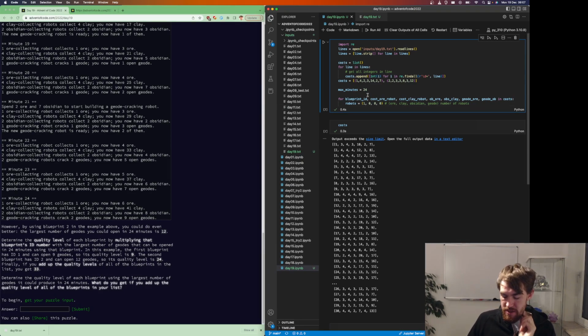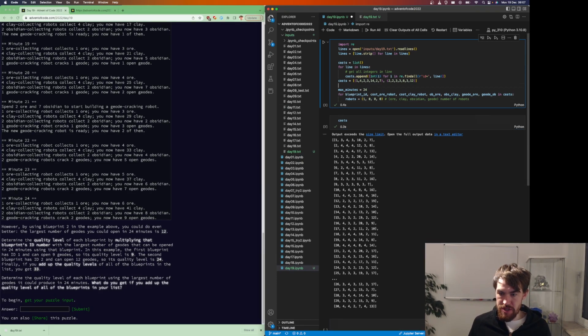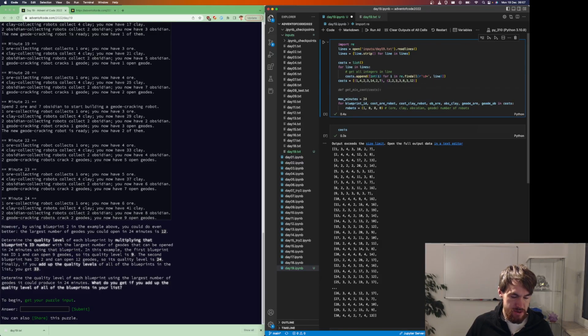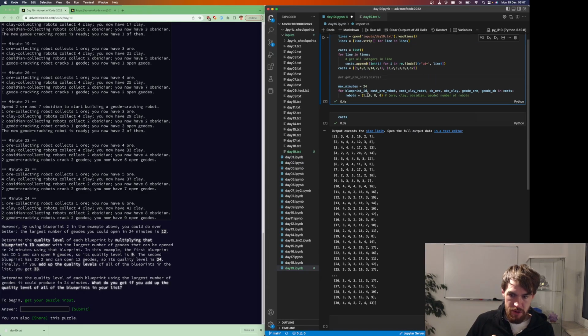So let's do another breadth first search day, and then we can convert it into A star if we need to. So at the moment, I don't know if breadth first search would be okay, because we get a huge amount of states.